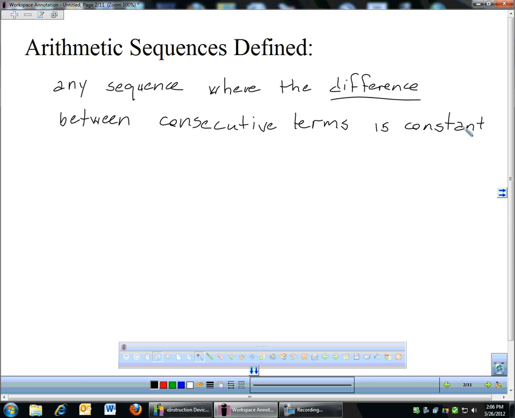In other words, you're always adding or subtracting the same thing to each term to get to the next term.